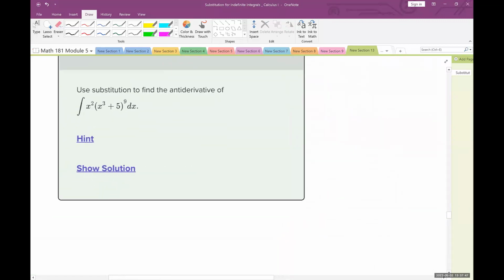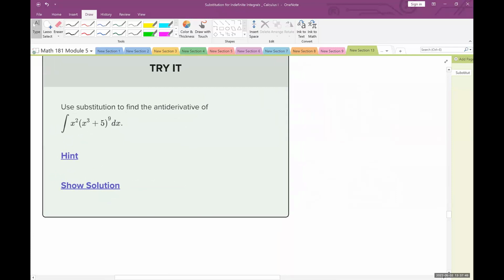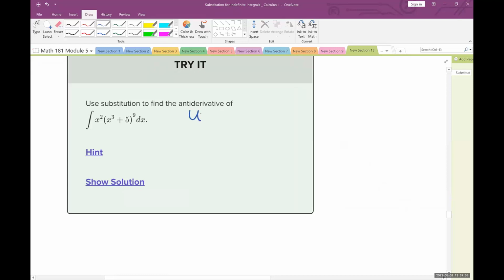Okay, here's another one. So again, it's not going to be right across the board. So we would come up with u equals what in this case? x cubed plus 5. So du is 3x squared dx.